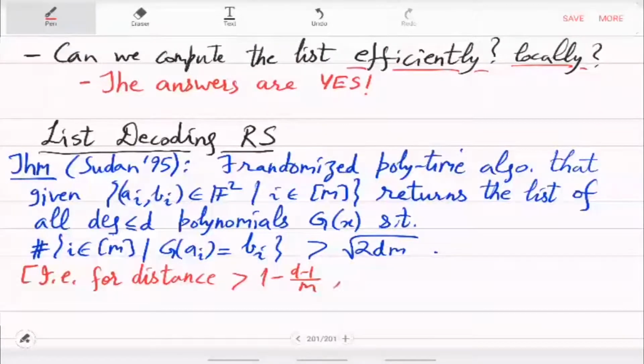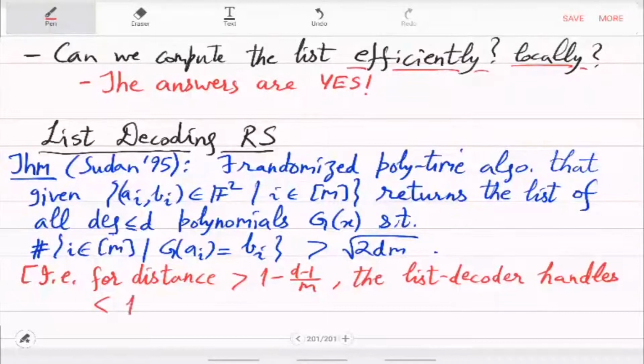The list decoder handles one minus, for length m over the field alphabet, the correct values are square root of 2d by m, and the rest is all erroneous, right.